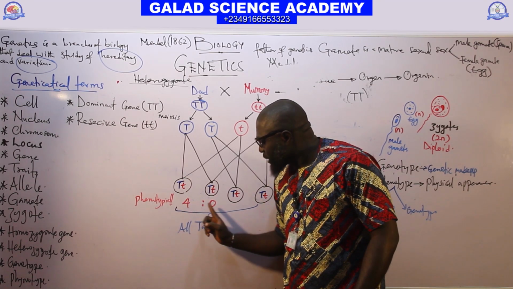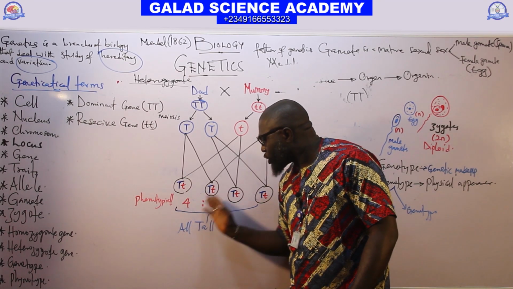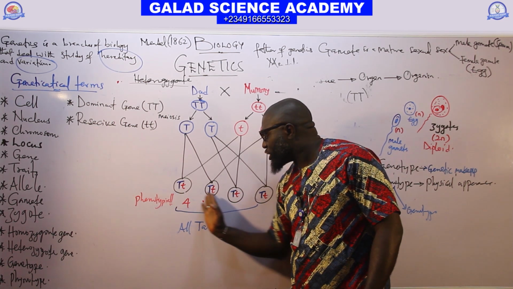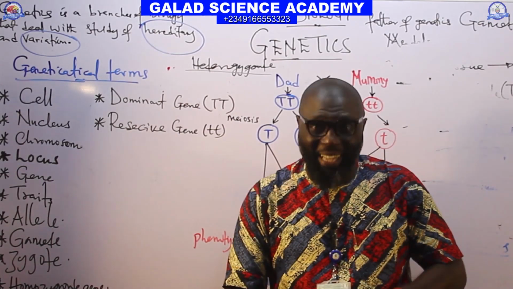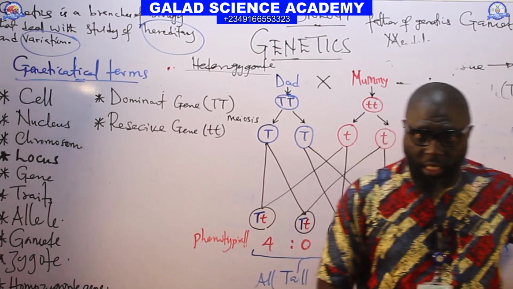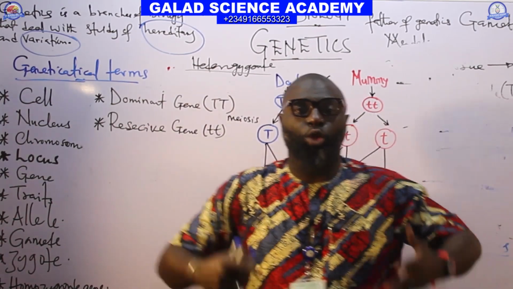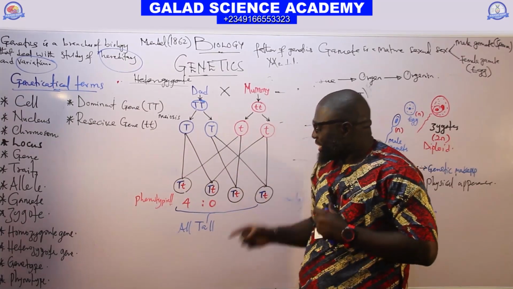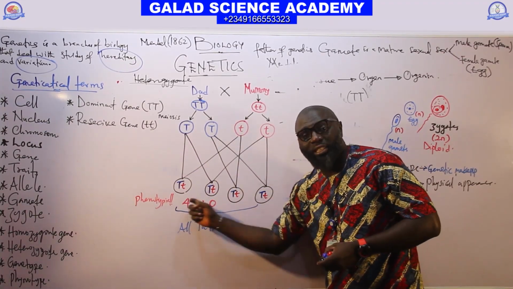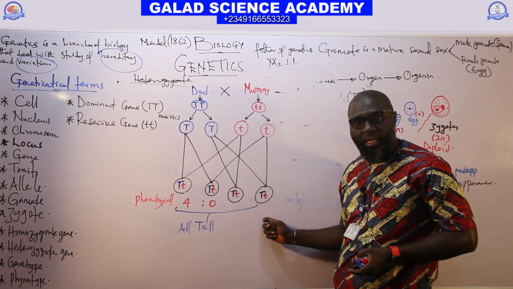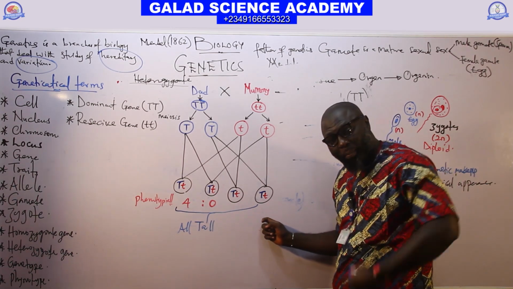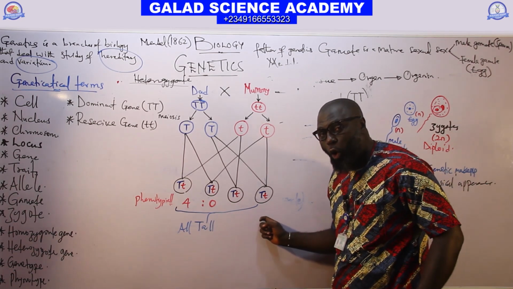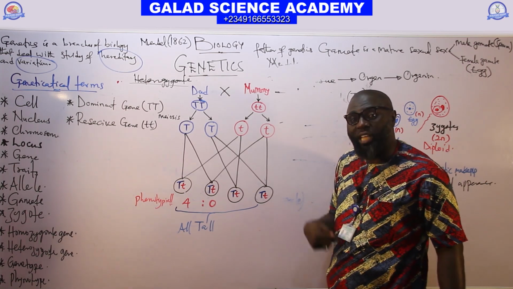That's why all the children here are tall. If you see me now, my mom in real life is short, and my dad in real life is tall. So at the end of the breeding, my tallness is not homozygous tall, it's heterozygous tall.